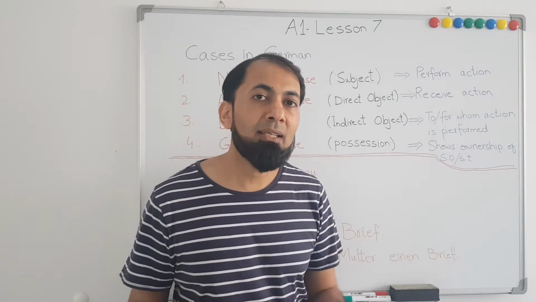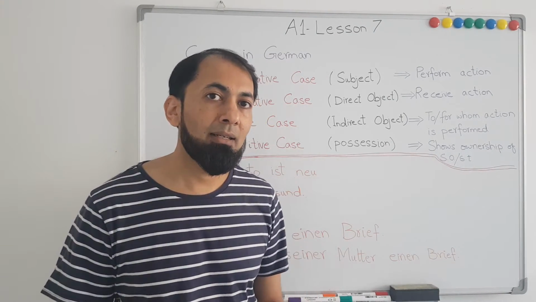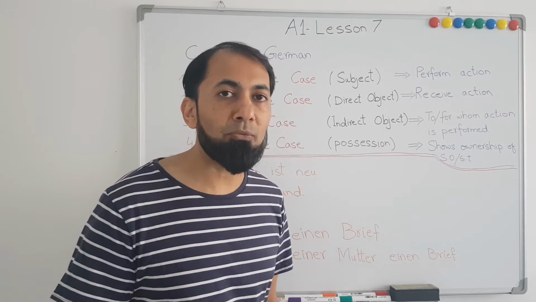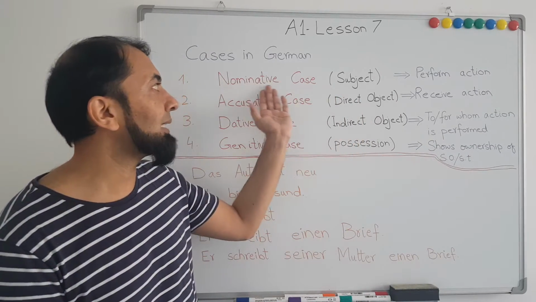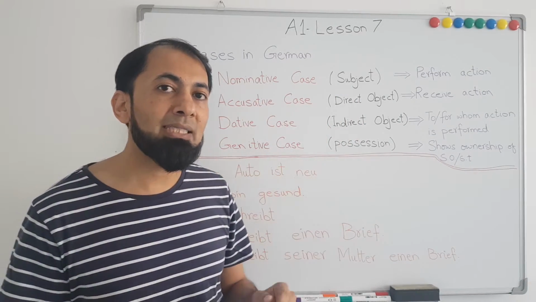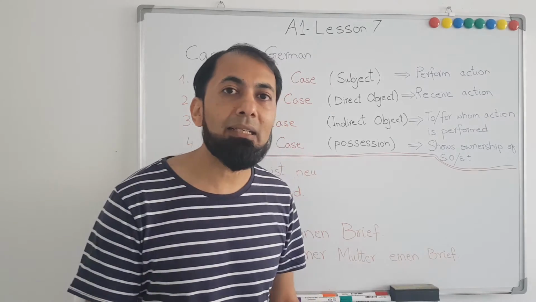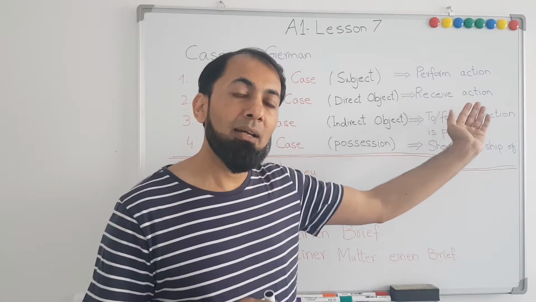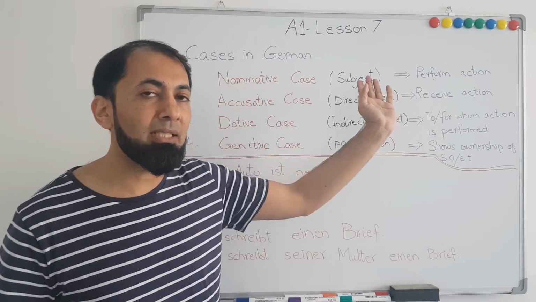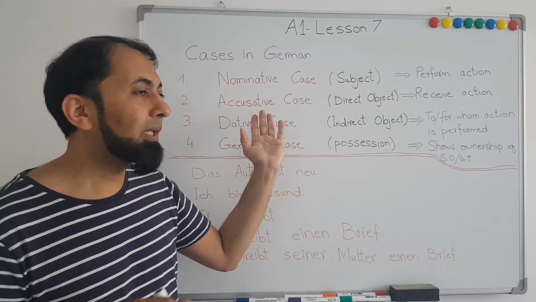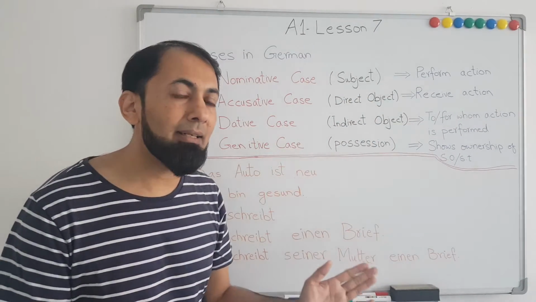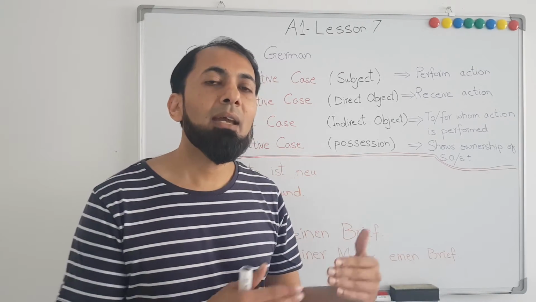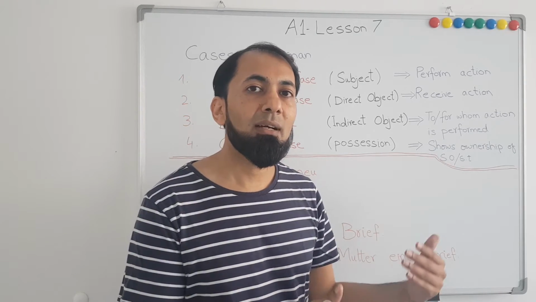So if I say "I write a letter," in this sentence I is someone who is performing the action and it is the nominative case, whereas letter is the direct object, because it is receiving the action from the subject of the sentence, which is I. So in this sentence we have a nominative case, which is the I, and an accusative case, which is a letter.